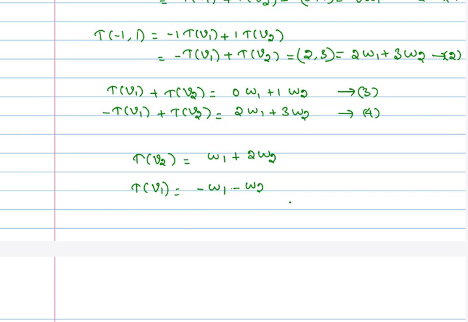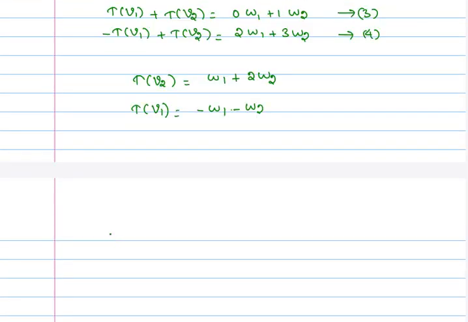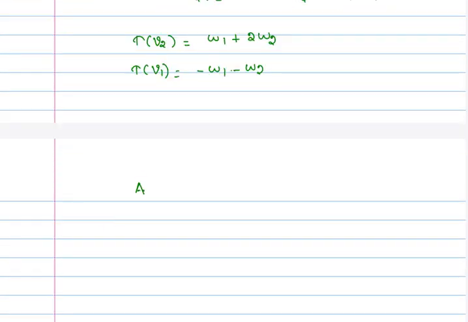So what is the matrix A? The associated matrix A equals [T of v1 with respect to alpha, T of v2 with respect to alpha].